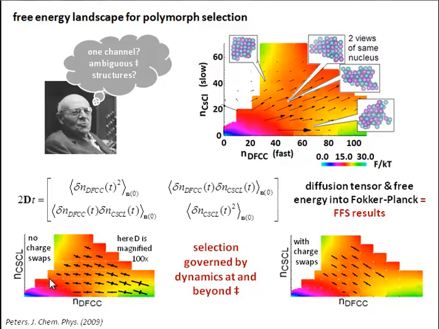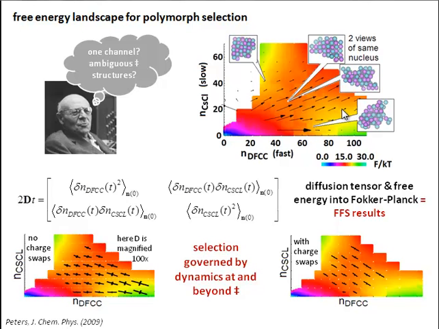So this is a caricature, if you want, of the dynamics in the space of these two slow variables, nucleus size for polymorph 1 and nucleus size for polymorph 2. Okay? And once you've got that information, now I have a two-dimensional free energy landscape, the free energy landscape on which polymorph selection occurs, and I have the two-dimensional diffusion field for the diffusion tensors that govern the different directions of mobility and rates of mobility on this free energy landscape.